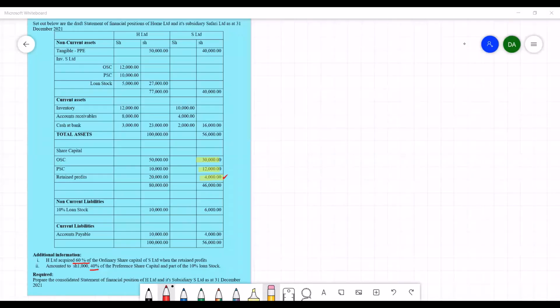Again, using our example to illustrate group retained earnings, then group retained earnings is determined as follows.